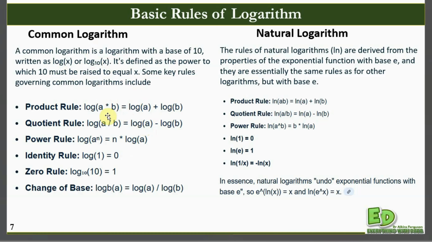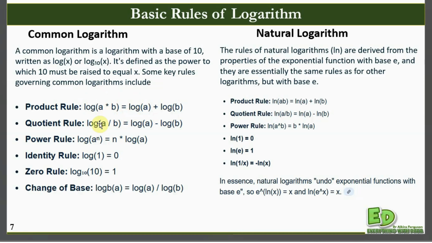We have the first one, which is called the product rule. You can see that it is log of a multiplying b, so log of (a times b). Where you are multiplying, the terms that are multiplying in a bracket become addition outside. So log(a times b) is equal to log a plus log b.